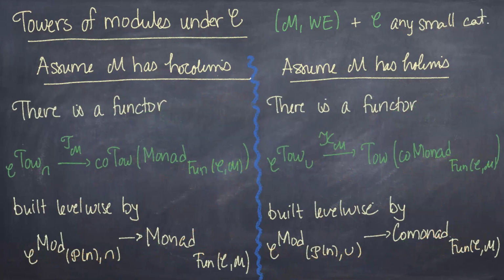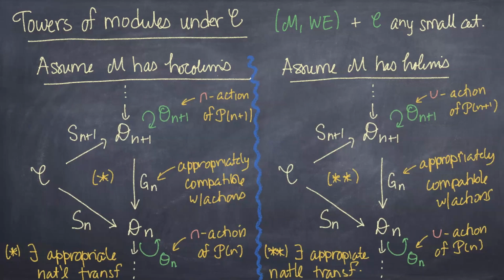We'll call these objects a category C tower intersection, or C tower union. So on the left-hand side, that should be C tower intersection, on the right-hand side C tower union.